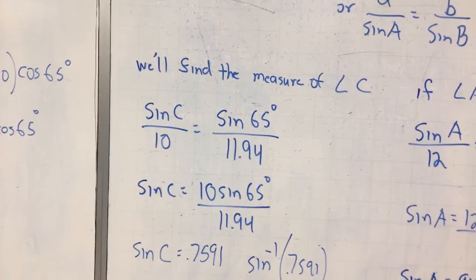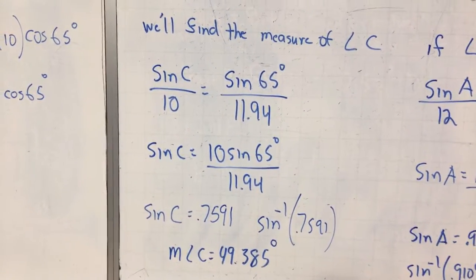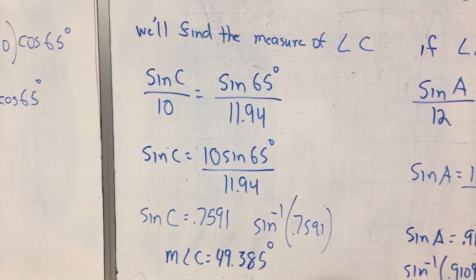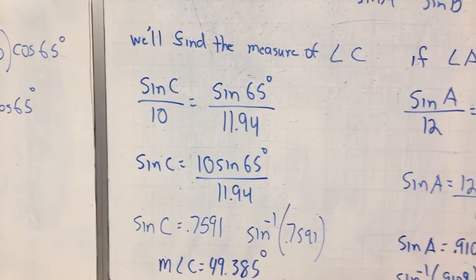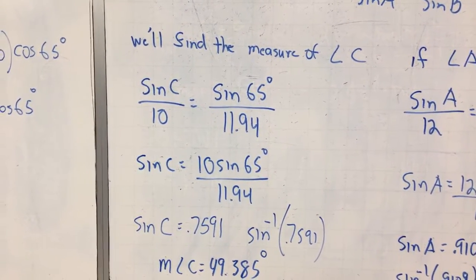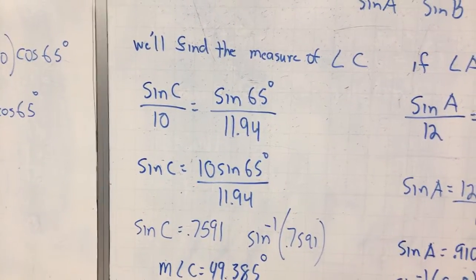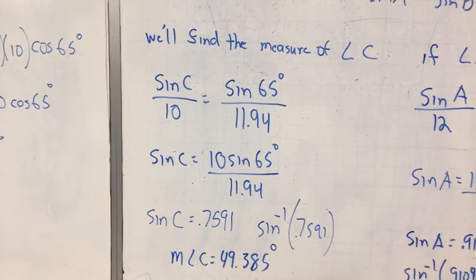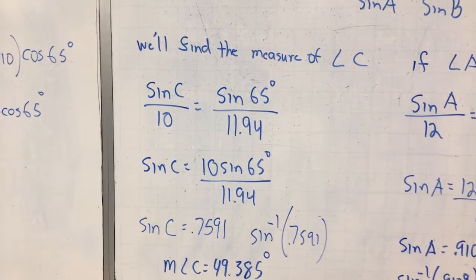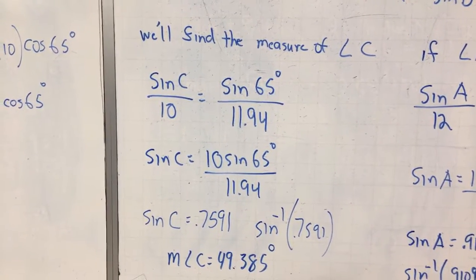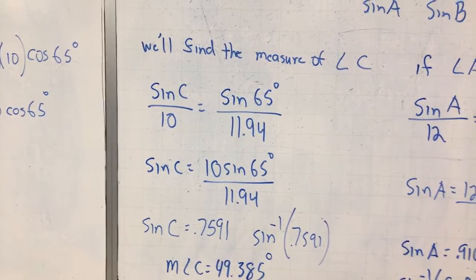Multiplying both sides by 10, sine C is equal to, after I found the sine of 65, multiplied it by 10 and divided it by 11.94, is equal to 0.7591. Now, this is where you have to use that inverse, or the second, okay? Because now you know the value of the sine ratio, you need to find the measure of the angle.